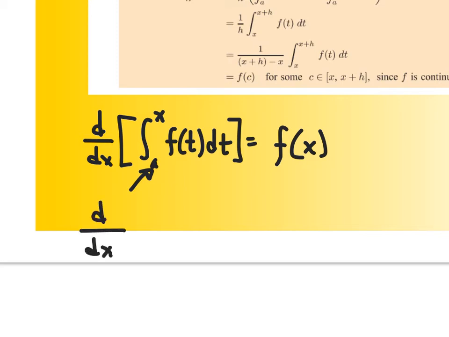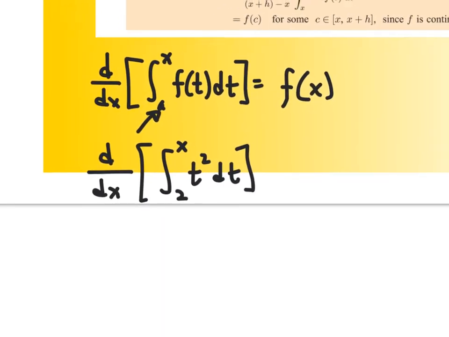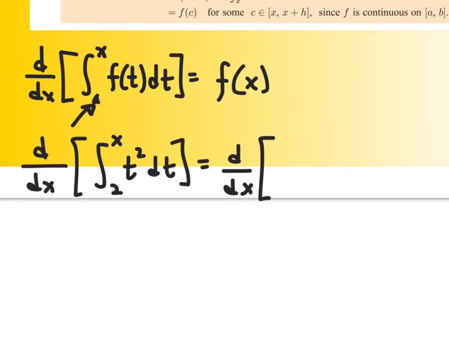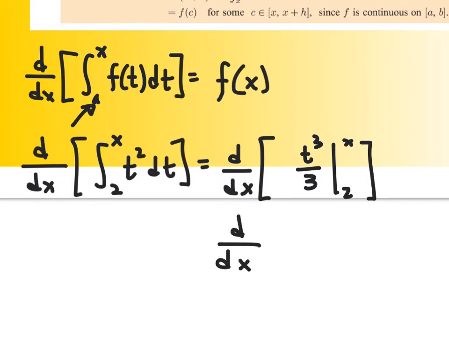Let's take d dx of the integral from, let's say, 2 to x of t squared dt. That would be equivalent to the derivative of that evaluated integral. So let's evaluate that integral. What would be the integral of t squared dt? Well, it'd be t cubed over 3 evaluated from 2 to x. Let's rewrite, simplifying.